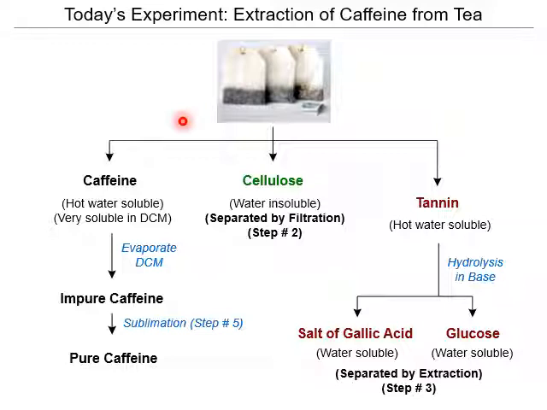You put it in a cup and try to boil it out. You try to dissolve the caffeine in hot water, and as you do that, it'll come out. The tannin will come out, caffeine will come out, and cellulose should stay mostly there, but we're still going to apply filtration to make sure that none of the cellulose comes out.